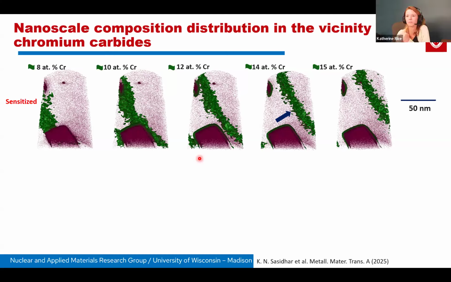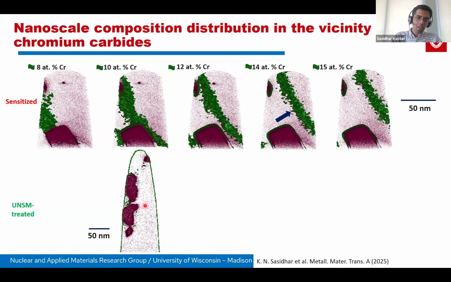We had TEM images of carbides, few at least, if not many, and we could not see the morphology. The other thing is that you can see the morphology difference between the sensitized carbide and the treated carbide so distinctly here. That was something that I didn't emphasize sufficiently. So thanks for the question.